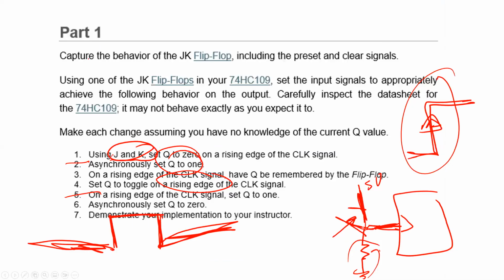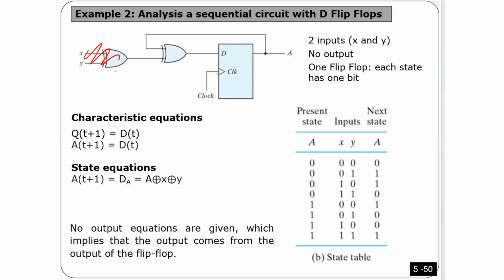I told you we're going to just delete this one here, and instead of having two inputs, we're going to have only one input X. If you look at this table, we have two inputs, X and Y. I'm going to cancel Y. There is no Y. In this case, I'm going to have two inputs instead of three.